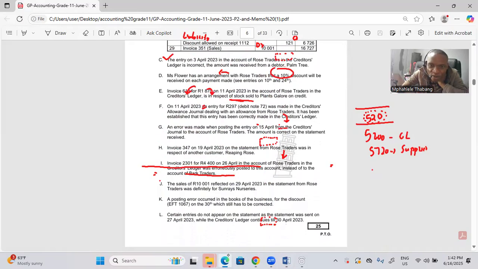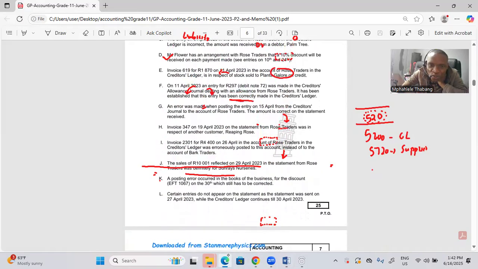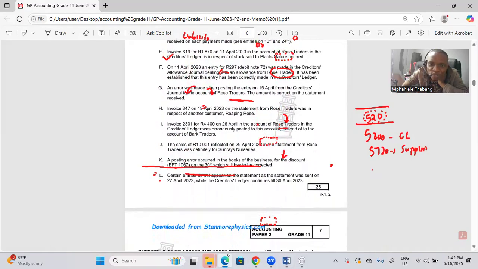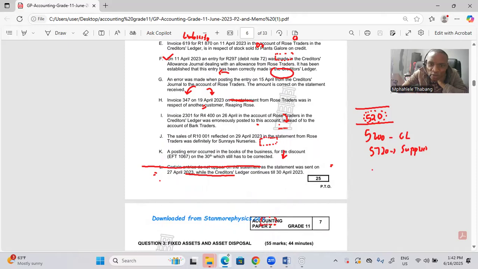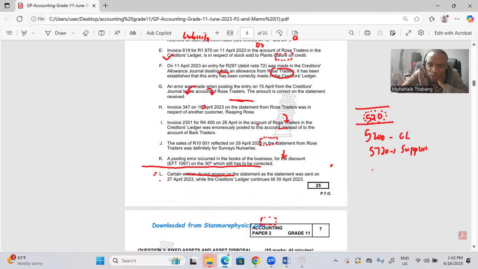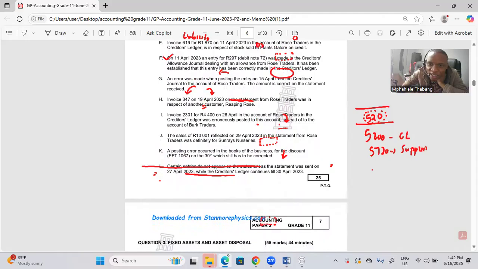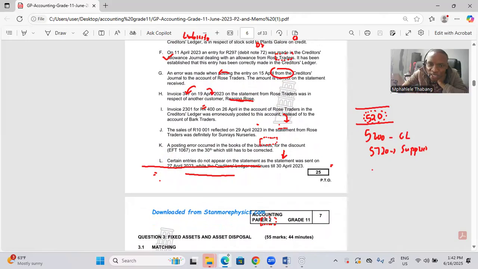Okay, so now I go to invoice 2301 for 4,400 on 26 April. In the account of Rose Trader in Creditors Ledger, it was erroneously posted to this account instead of to the account of Bank Trader.